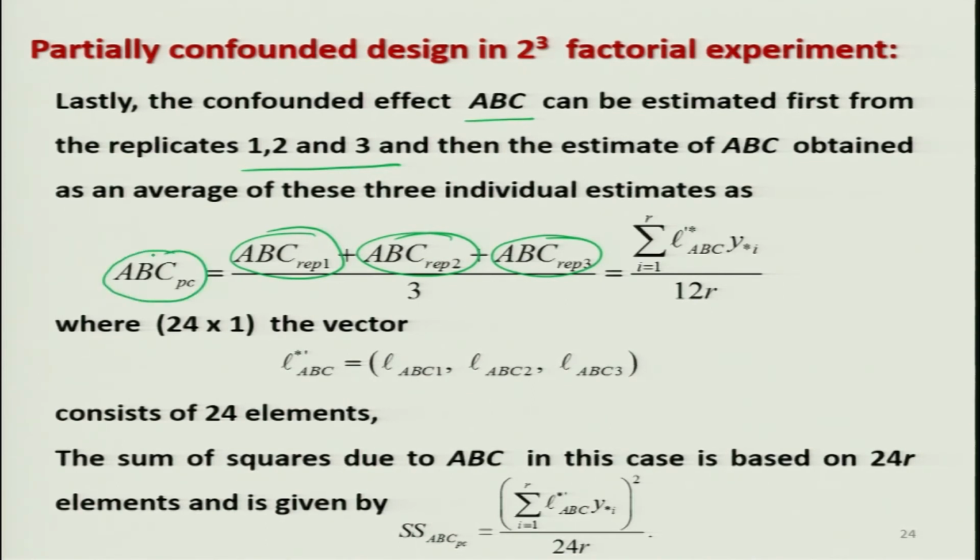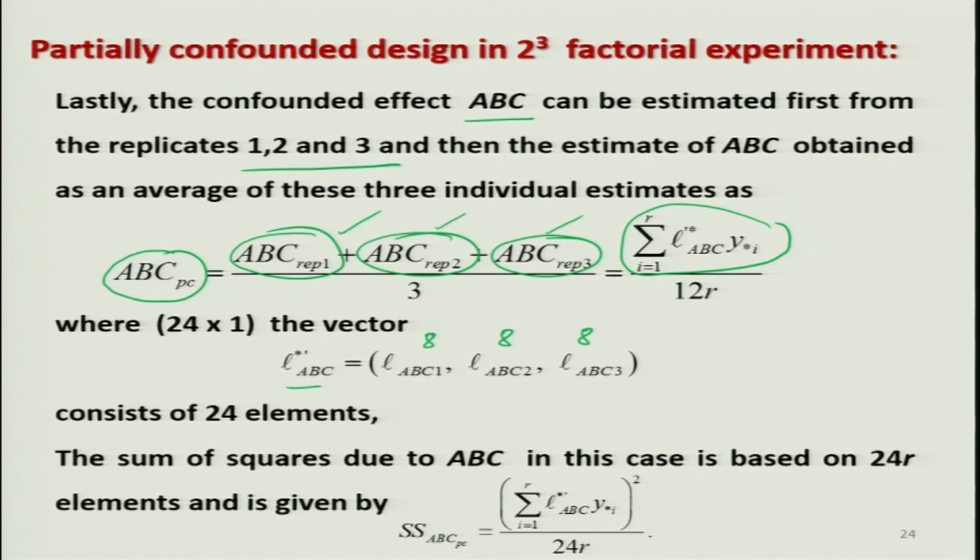The ABC estimates under replicates 1, 2 and 3 are once again linear functions, and we combine them and write the summation i goes from 1 to R of L star transpose ABC y star i, where L star transpose ABC is a vector containing the vectors L from replicates 1, 2 and 3, each having 8 elements. So the order of this L star ABC vector is 24 by 1, and it has 24 elements.